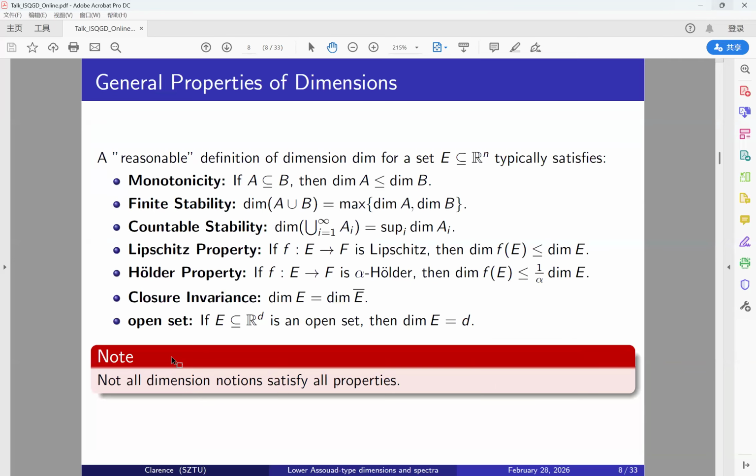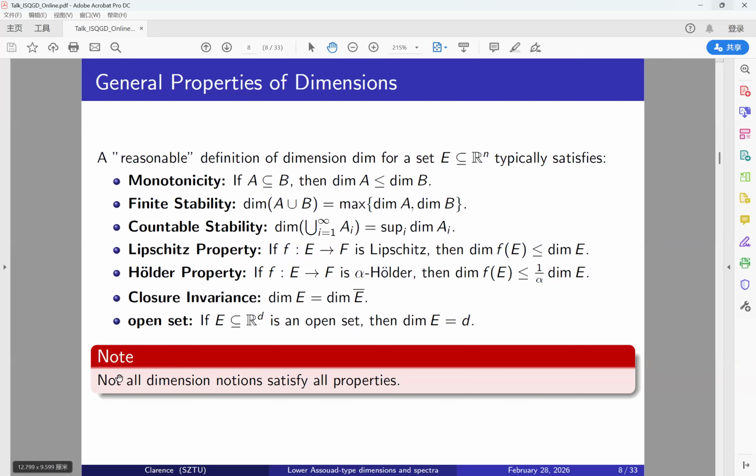Well, another topic for fractal dimension is the general properties. A reasonable definition of the dimension of a set typically satisfies the following properties: monotonicity, finite stability, countable stability, Lipschitz property, Hölder property, closure invariance, and open set condition.